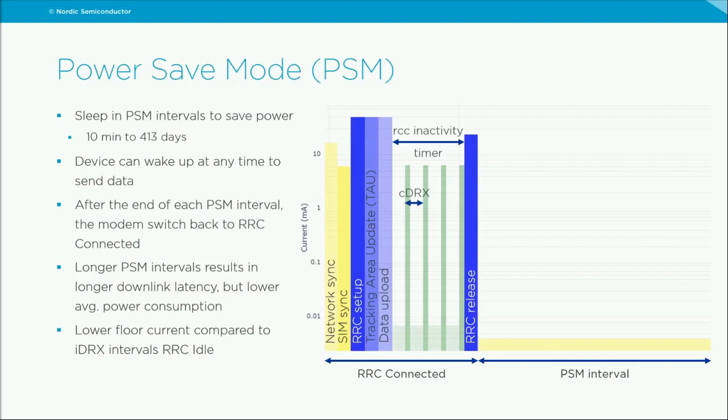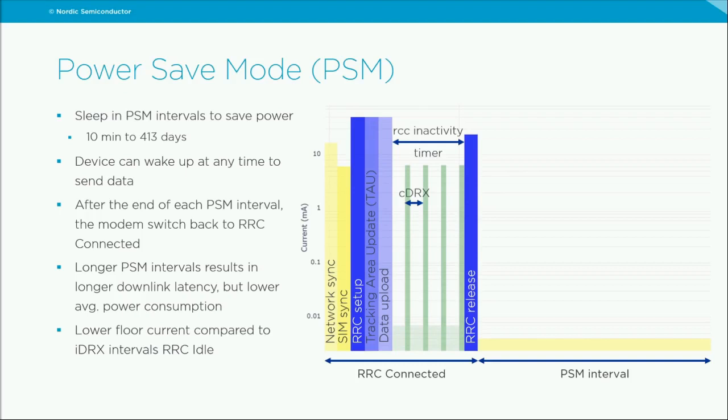However, some networks require you to wake up to send this tracking area update to update the network where your device is. So this interval can be different from network to network, so that is something you should be aware of. The device can of course wake up at any time to send data, but it cannot be reached from the network when you are in PSM.